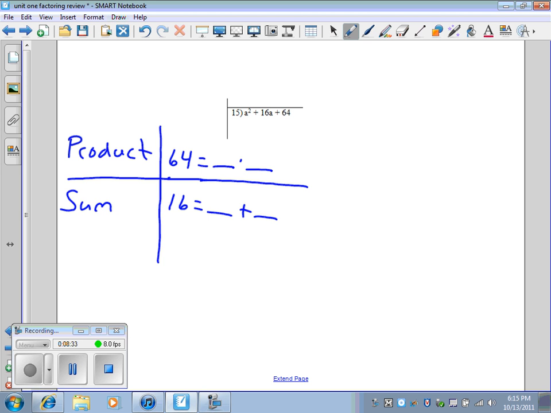So the factors of 64. Okay, 1 and 64, 2 and 32. None of them will give me 16. 4 and 16, 8 and 8.